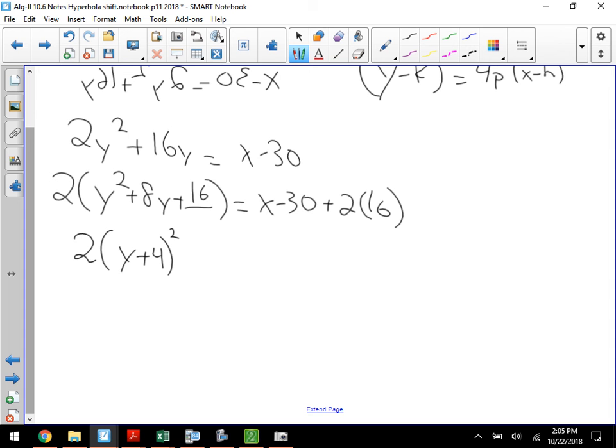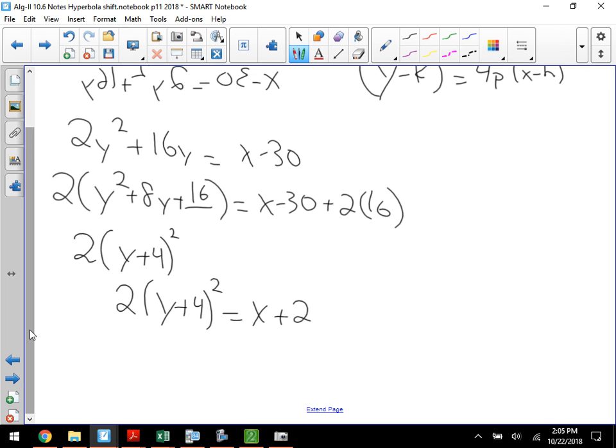So now I'm going to get 2 times the quantity y plus 4, quantity squared equals x plus 30, I'm sorry, x plus 2. All right. I'm close to now getting it. What do I do with that 2? Divide it or multiply by what? 1/2.